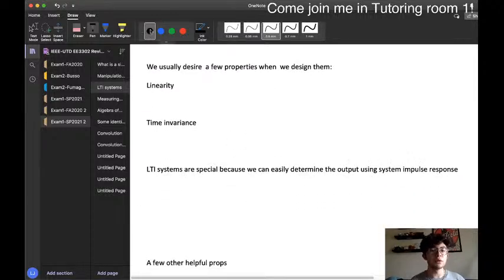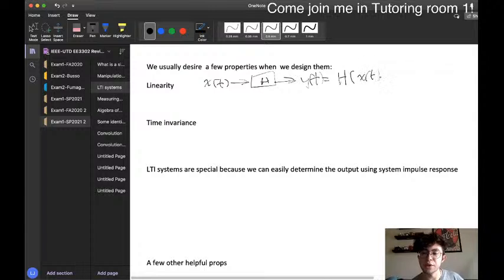One of the nicest ones that we have is called linearity. If we have some signal x and we pass it through some system h, I'm going to denote this as a function because we're mapping a signal to another signal, so x of t. This is how I'm going to write it notation-wise.